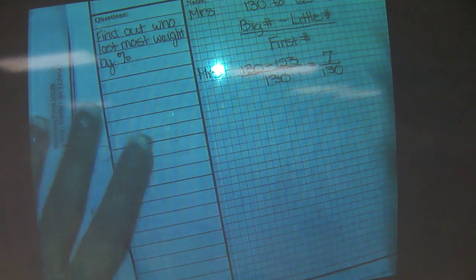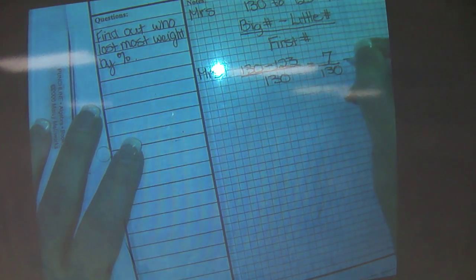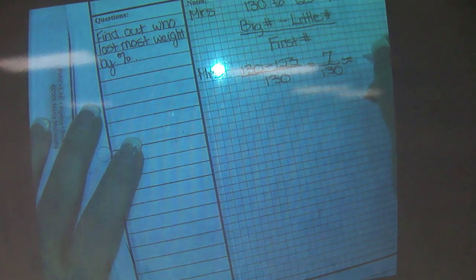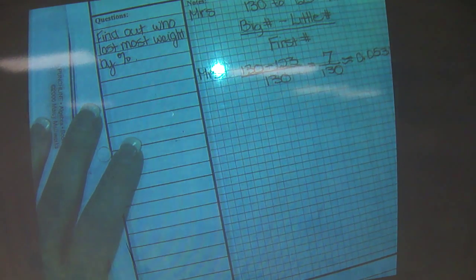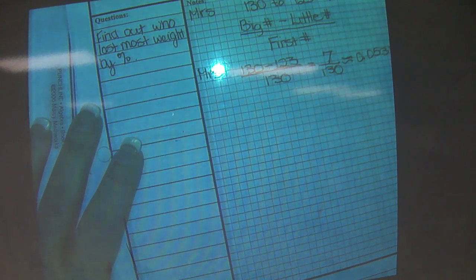So we're going to have to use a decimal. And what we end up with is a decimal that's approximately equal to, because I'm going to round to the nearest 10,000, 0.0538. What's that as a percentage? And I only want to take it to 1/10 of a percent.